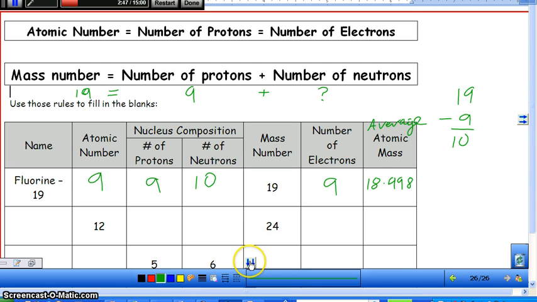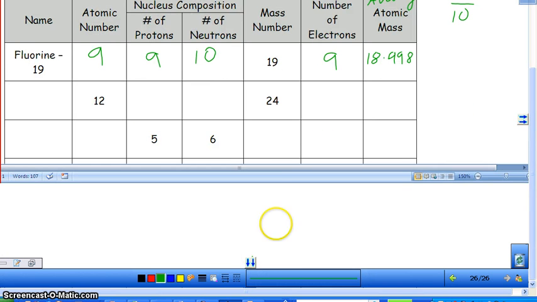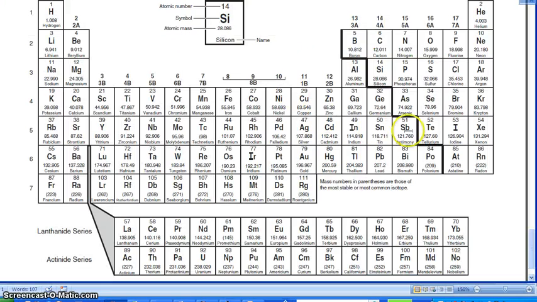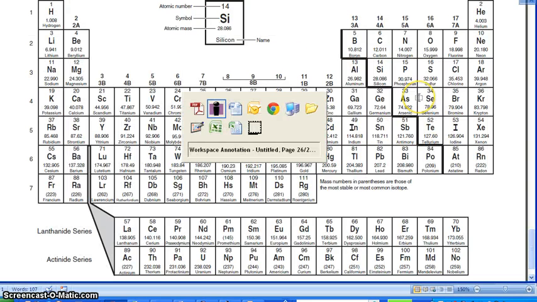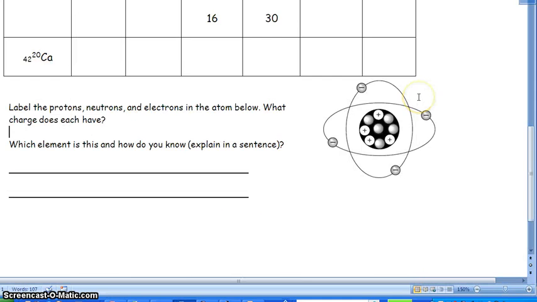When you get to the bottom of your page, to this question, just remember, there's two numbers you need. One's the mass number and one's the atomic number. So use your periodic table and figure out which is which.